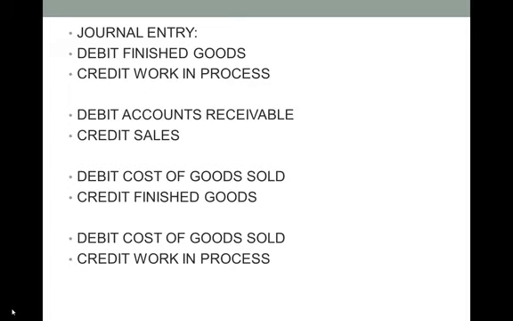Meaning, kinompress yung entries kasi direkta mo siyang i-deliver. Ikaw mismo nag-deliver kay buyer or kay customer. Pag ikaw yung mismong nag-deliver, ito yung journal entry mo: debit cost of goods sold, credit work in process.